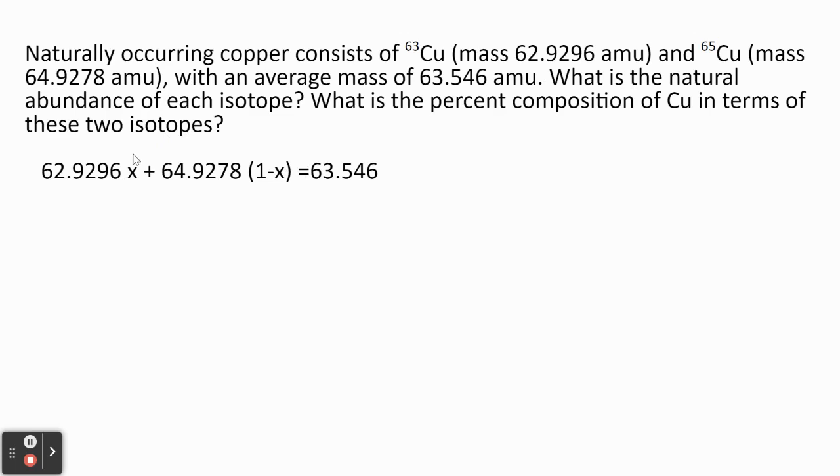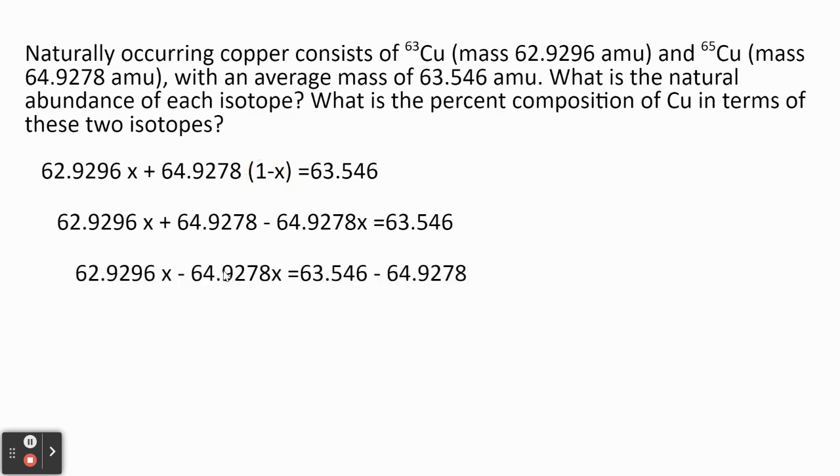But if we say that copper 63 is X, copper 65 has to be 1 minus X because they're the only 2 isotopes that exist for copper. So then we just have to do some math. We'll distribute into our parentheses.